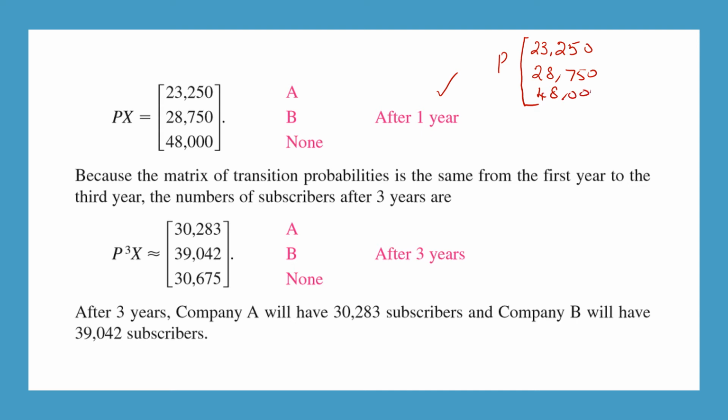That will give you the total number of people after year 2. But we know that this is P times x. So we are multiplying P of Px, which is nothing but P squared x. So after the second year we have P squared x.